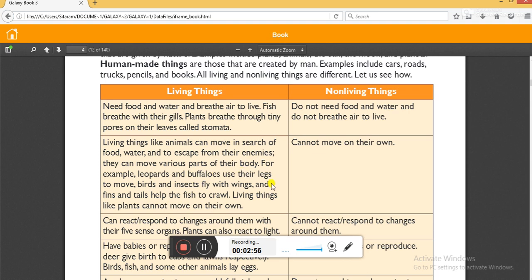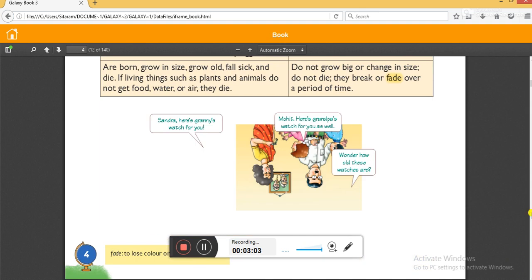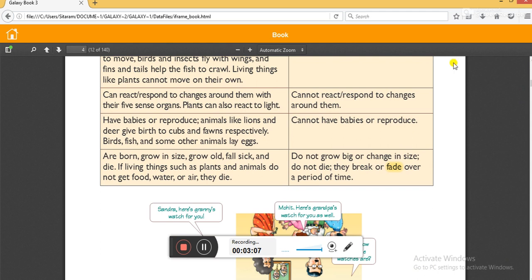What else? Living things can react or respond to changes around them with their 5 sense organs.